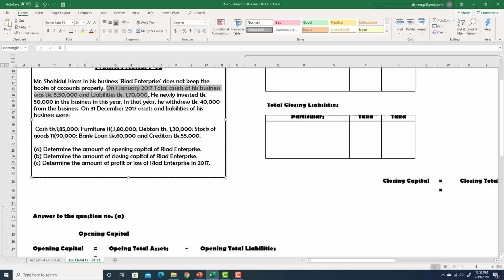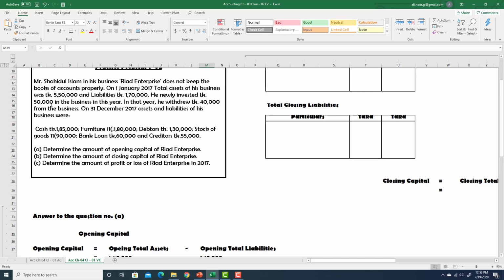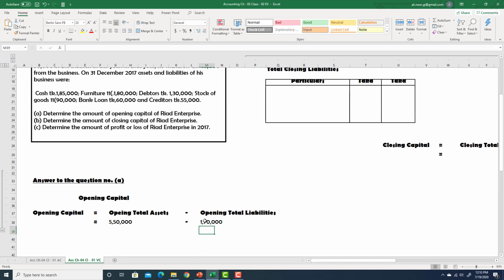Total assets of the business were taka 5,50,000 and liabilities taka 1,70,000. So opening total assets taka 5,50,000 and opening total liabilities 1,70,000.